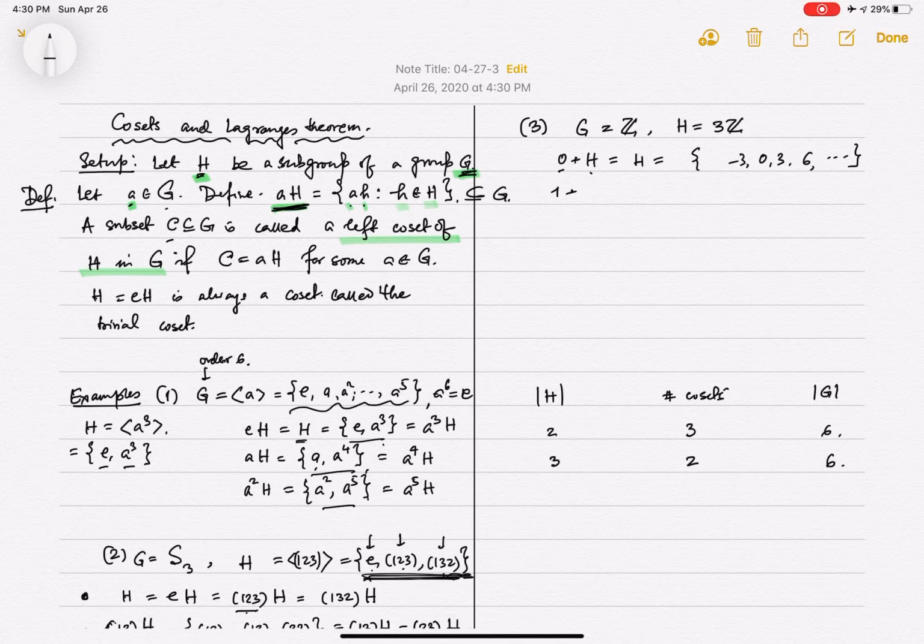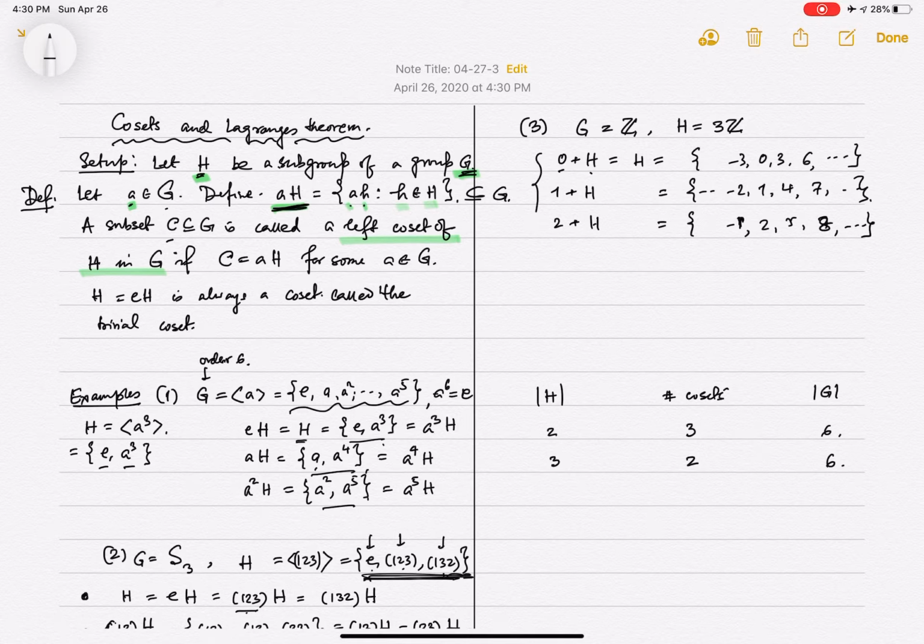Then you have the coset of 1, which is 1 plus 3Z, which is 1, 4, and so on. So you add 1 to all these numbers. And you have the coset of 2, which is 2, 5, minus 1, sorry, 8, etc.